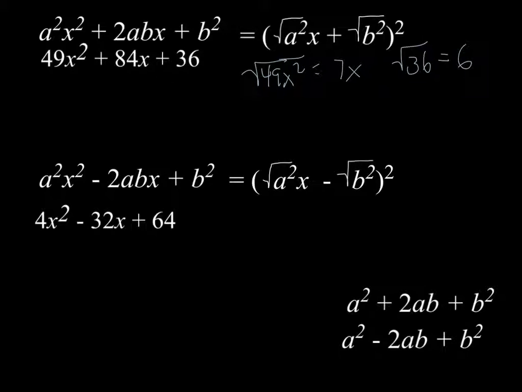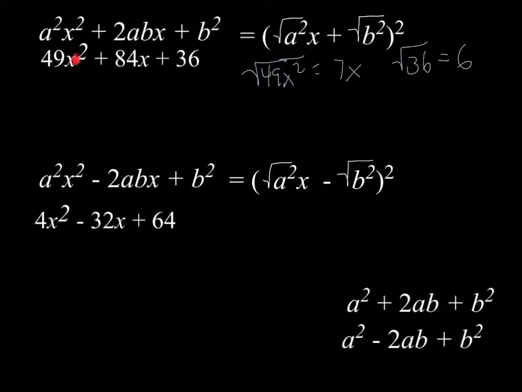So what this form is saying is, when you have those perfect squares, if this middle number happens to be 2 times the square root of this term and the square root of this term, you can then go straight to this form of factor.